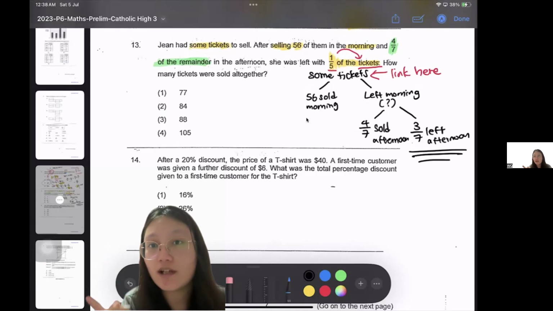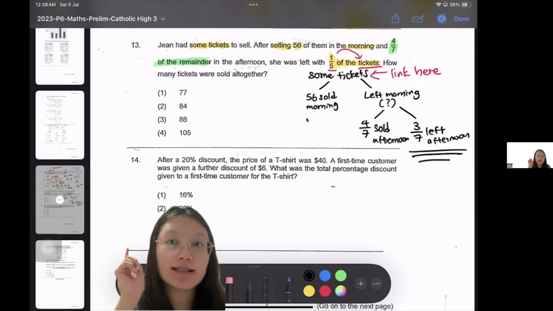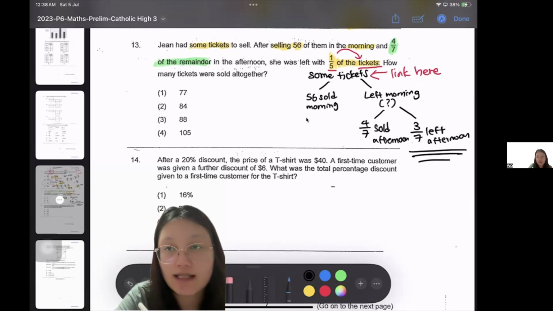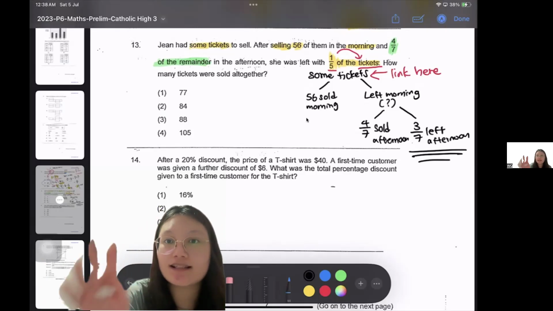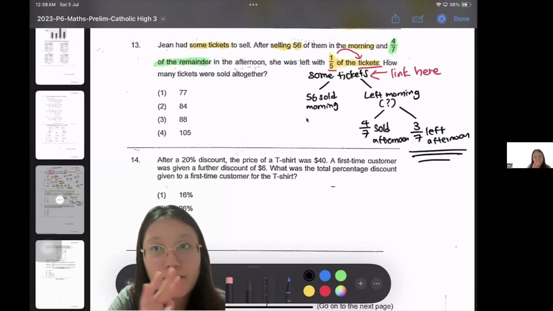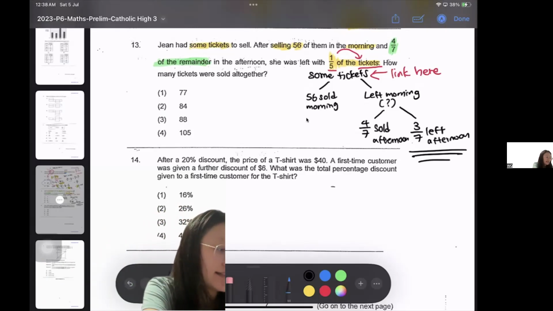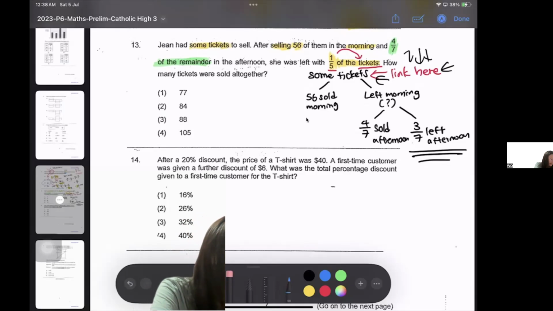Then you must link the 3/7 to the 1/5 because the 1/5 is of the tickets, which means it's the start, where the number of tickets she has is. It's not the remainder of the tickets, it is the start, where there is some tickets. All right. So let me erase that stuff and then continue.